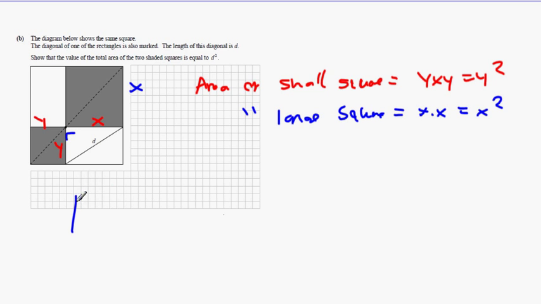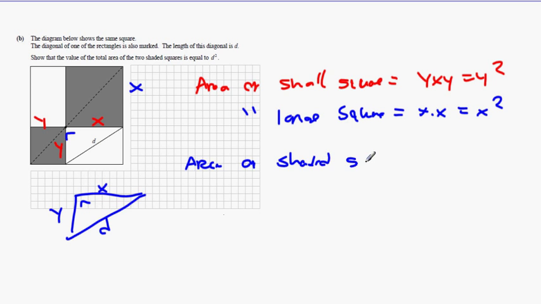This is a right angle triangle, so d, y and x. So the area of the shaded squares equals x squared plus y squared.